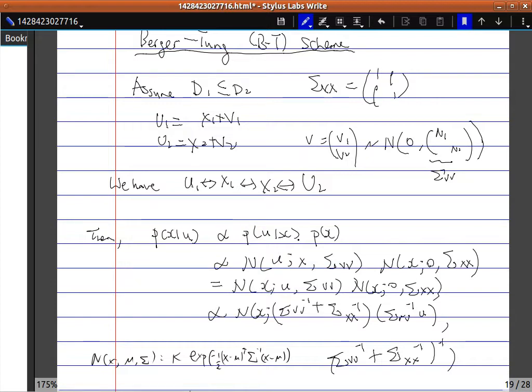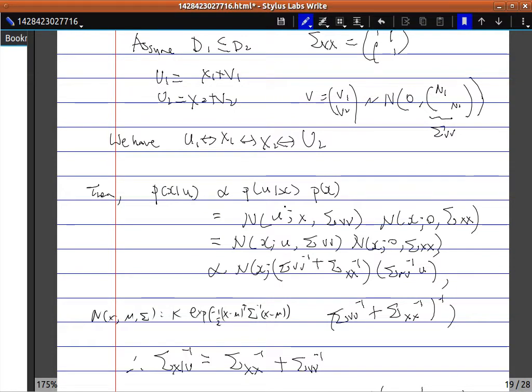And P of U given X basically has mean X. Actually, this is not even proportional, this is actually equal. The PDF has mean X and covariance sigma VB. That's this one here.